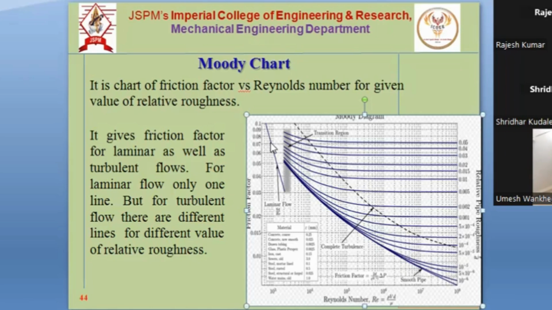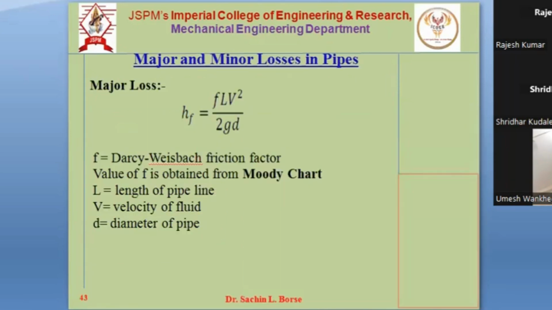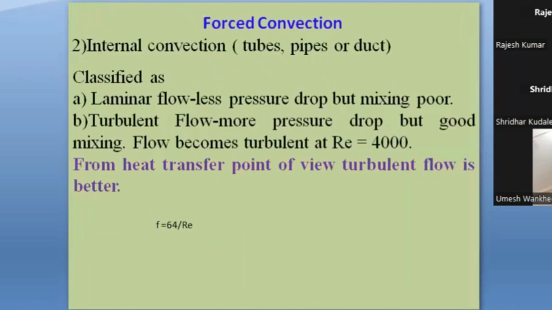But in laminar flow, it does not depend on the wall roughness, so there is a single formula for friction factor, that is 64 by Re. But for turbulent flow, based on the relative roughness, there will be a different line for friction factor. So many times, for simplicity, we consider a very smooth pipe, but that is an approximation.